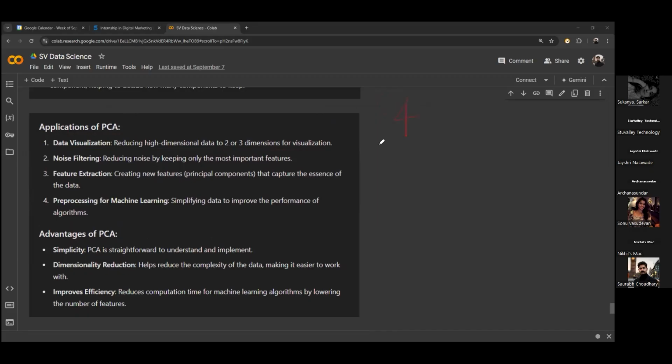So if you use 4 dimensions, you will never be able to make the graph. But if you are using PCA, you can decrease the dimension. Noise filtering: reducing noise by keeping only the most important features. Feature extraction: creating new features, principal components, that capture the essence of the data.